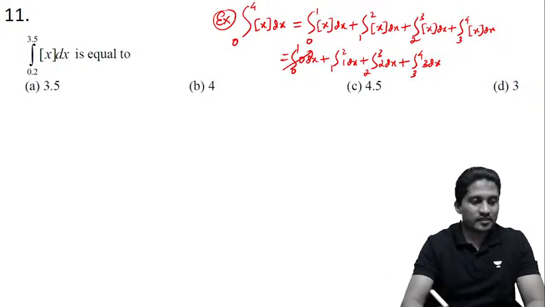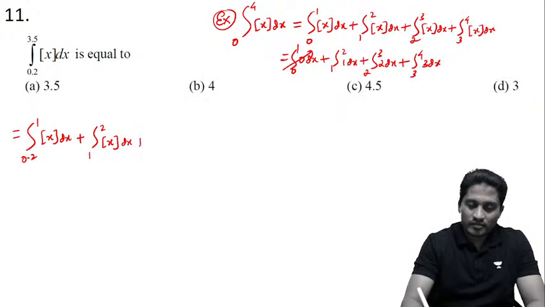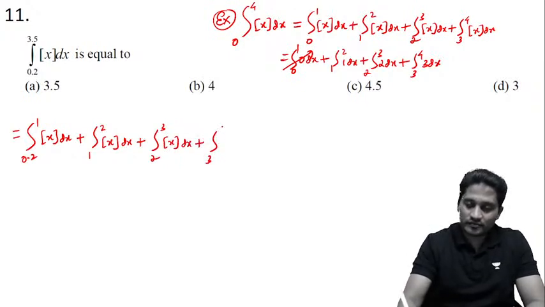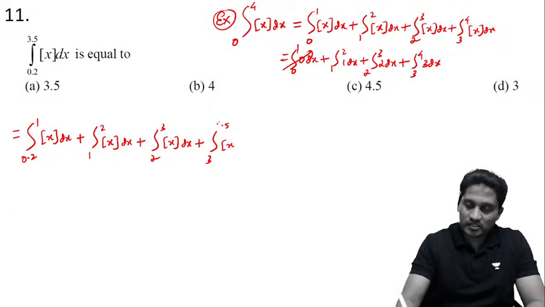That can be written as the integration from 0.2 to 1 of box x dx, plus the integration of 1 to 2 box x dx, plus the integration of 2 to 3 box x dx, plus the integration of 3 to 3.5, since the upper limit is 3.5, of box x dx. So I'll write all the integers.